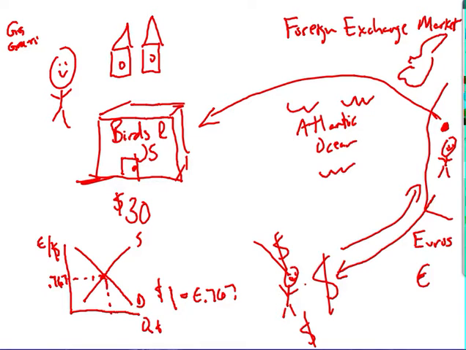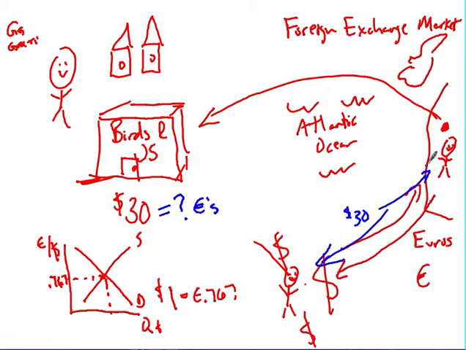All right, and so the best way that I've found, and there are other ways to do it, some faster, but this works seemingly well, is to try and convert all this, because we want to say $30 equals how many euros, all right? Because that's what this guy's interested in. He needs to know how many euros to give to this guy in order to get $30 in US currency in his pocket, and then he can send that $30 over to the Birds R Us guy.